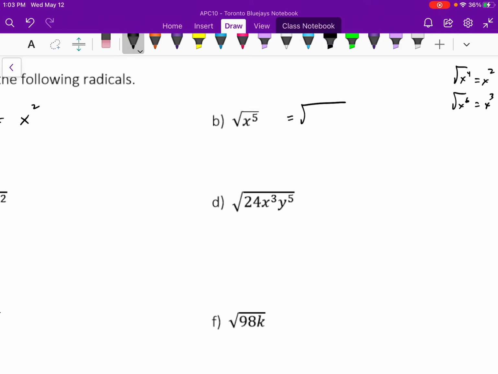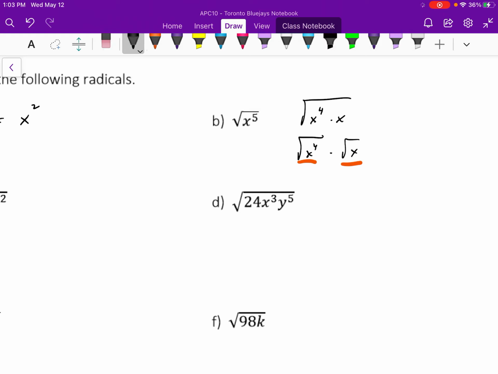So what I'm going to do is split up my radicand. I know that I can figure out x to the power of 4, and what is left over? Just simply x. So using the multiplication rule, I'm going to split this up into the square root of x to the power of 4 times the square root of x. On the left-hand side, I can take the square root, but on the right-hand side, it is whatever's left over.